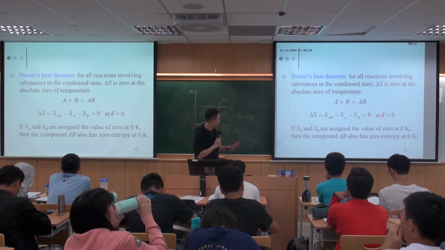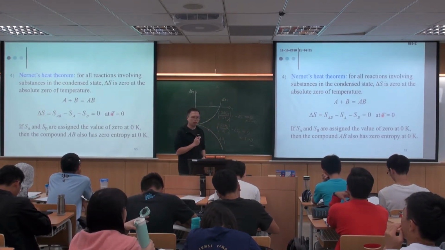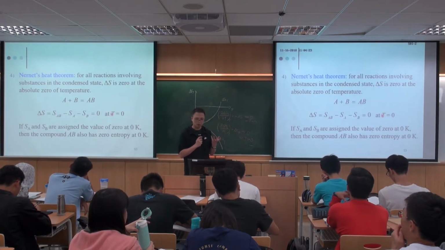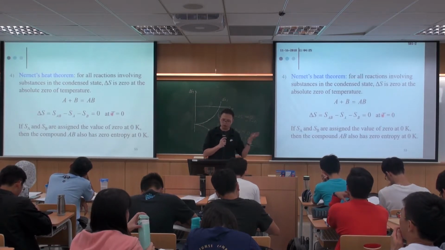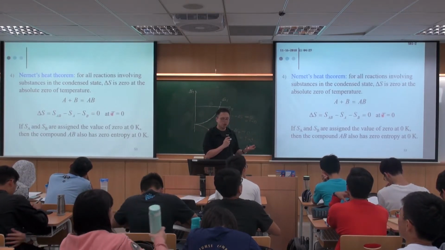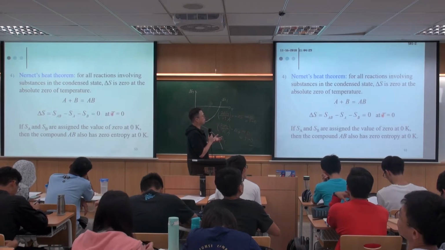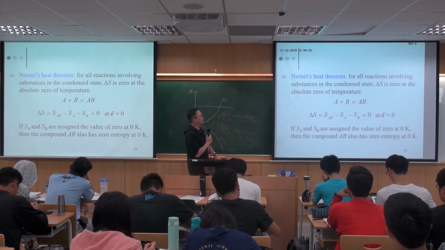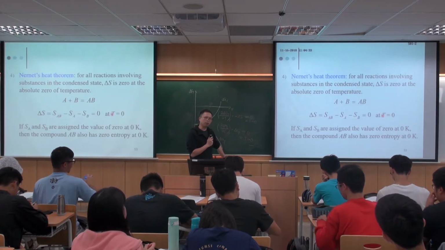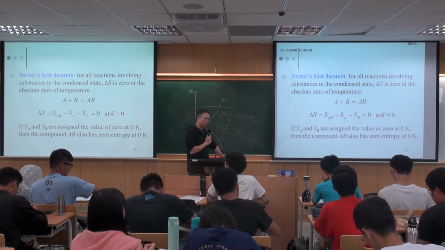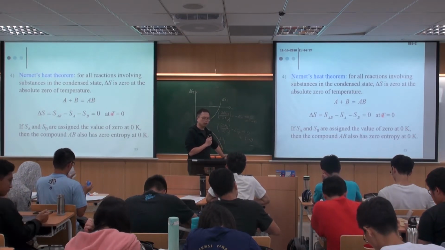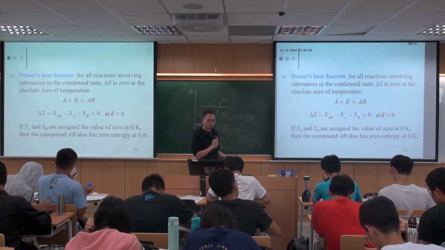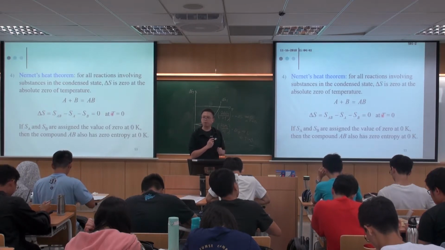So in fact, if you don't know all these derivations, if you just want to memorize what the third law or this Nernst postulation is about, you can just simply put that when you go down to 0 temperature, the entropy of all materials, for pure elements and for compounds, should go to 0.